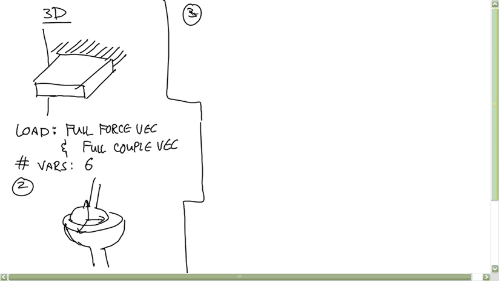So third, ooh, this one's hard to draw. Okay, it's supposed to be a hinge.